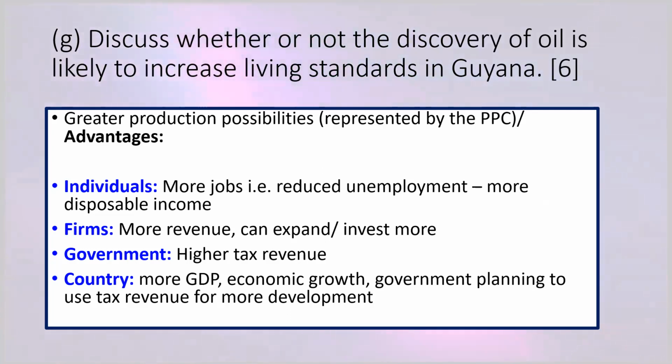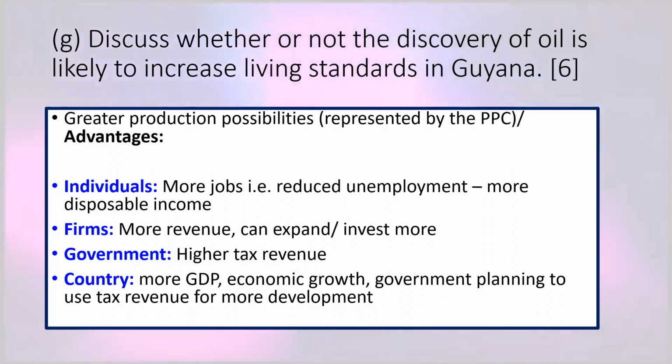Now bring it back. Whatever you do, bring it back to the core of what the examiner wants to know: are we increasing living standards or not? So when you say firms have more revenue, can expand, can invest, what are you trying to say?